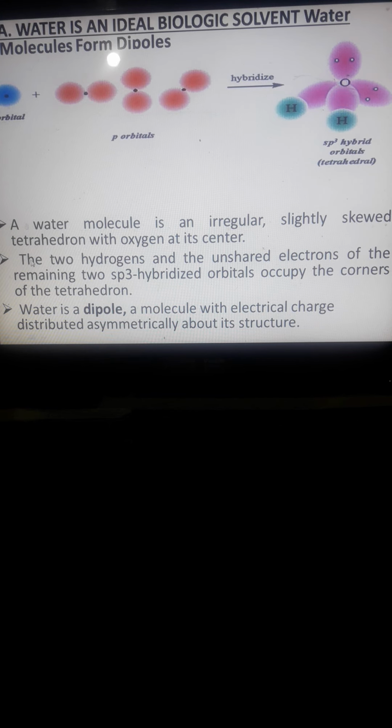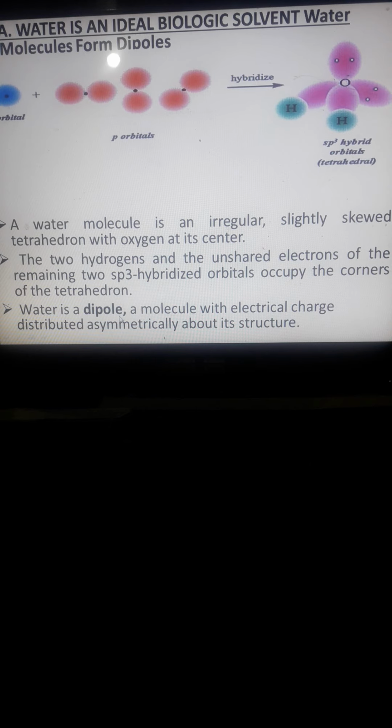Okay, so the water molecule is an irregular, slightly skewed tetrahedron with oxygen in its center. Usually we have oxygen with the spare electrons, and we have 2 hydrogen atoms. Okay, sp3 hybridized, tetrahedral.